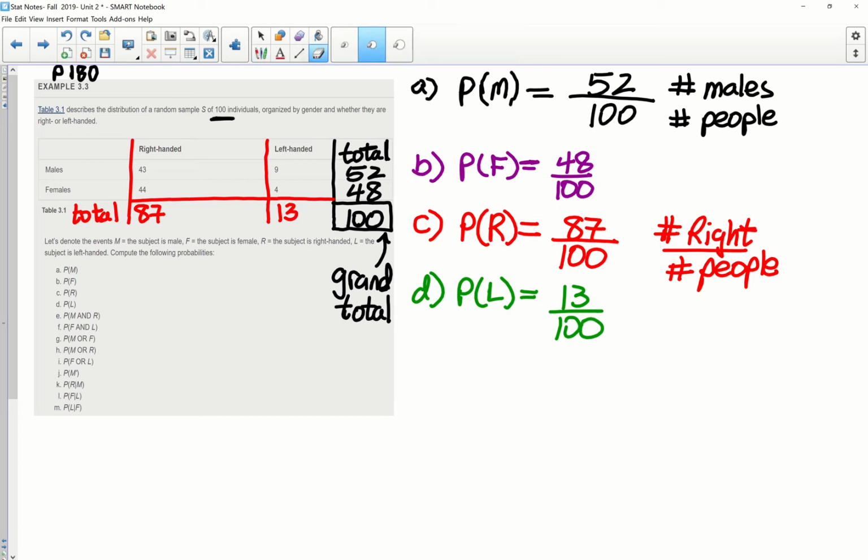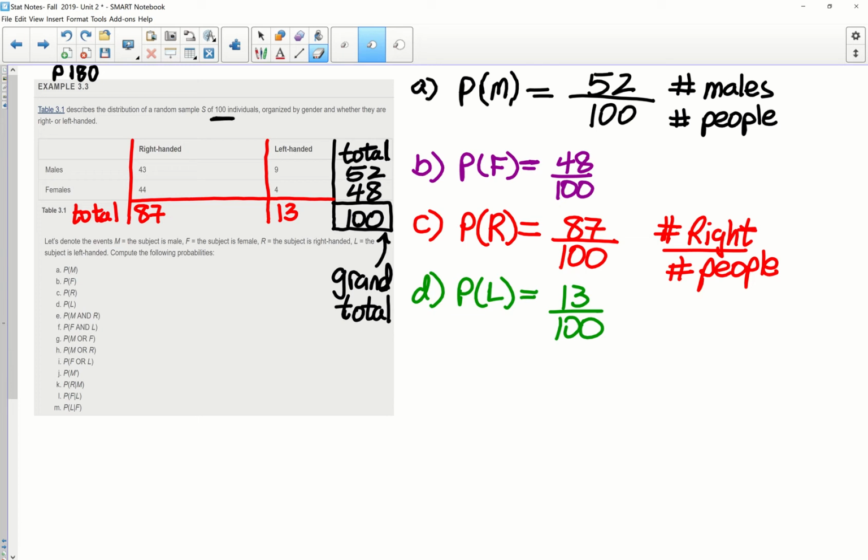Now, honestly, if I'm evaluating left-handedness and right-handedness, I don't know that I would look for any of these numbers, because since the grand total is 100, whatever the values are in the table itself, they represent percentages, right? This process is useful when the grand total is something other than 100.